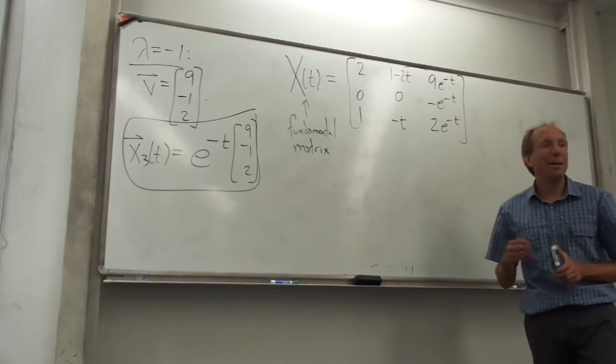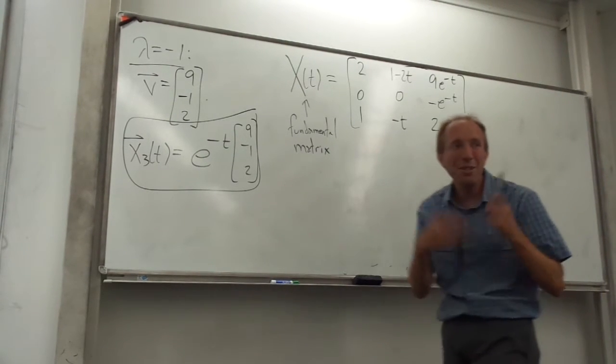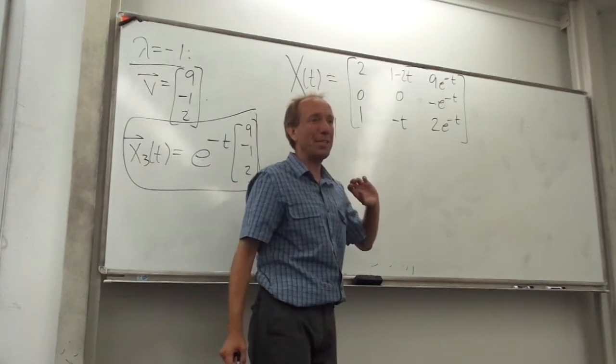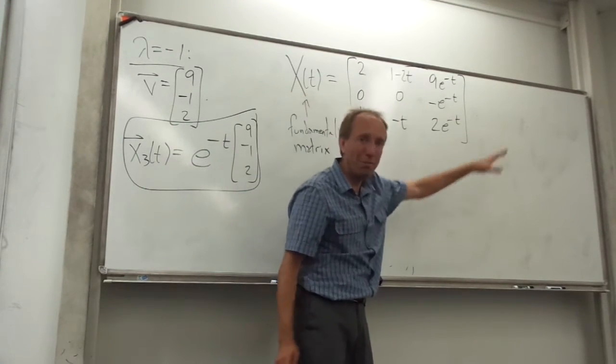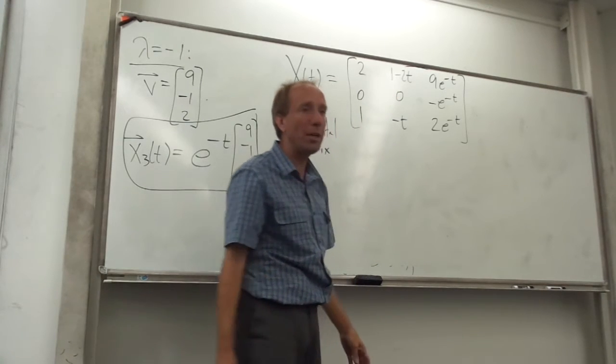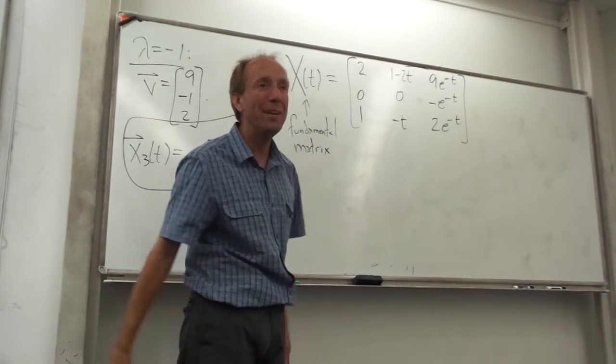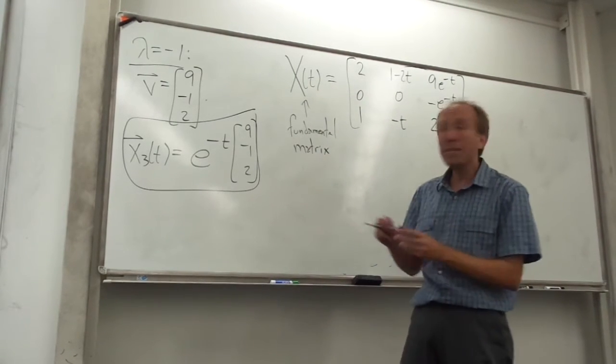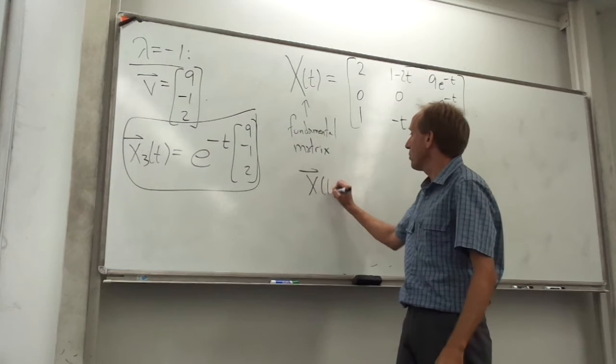It turns out, in the very last section of the course that we have not quite covered yet, we're going to need the fundamental matrix again. So there is a reason that I keep asking for it. It is going to make another appearance before we're all said and done, but I'll tell you about that next week. In the meantime, I can go ahead now and write down my general solution.